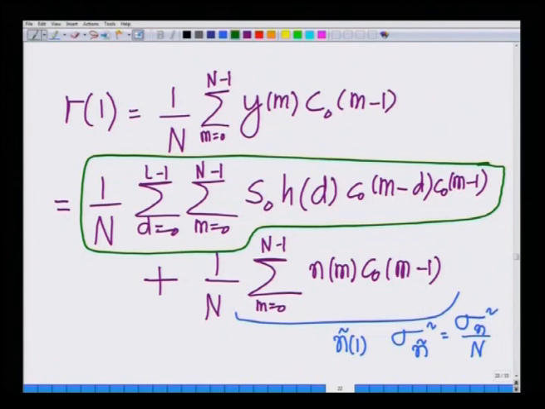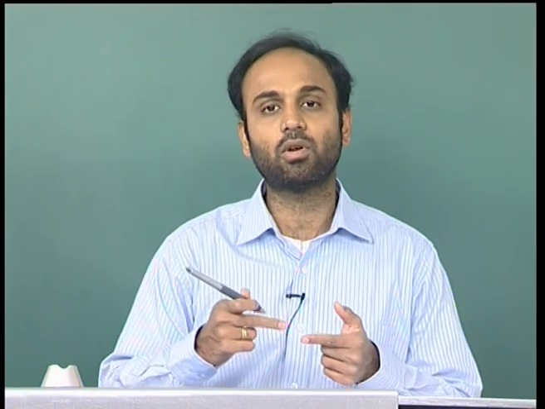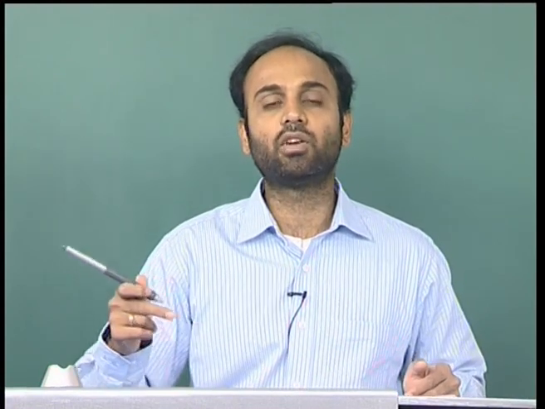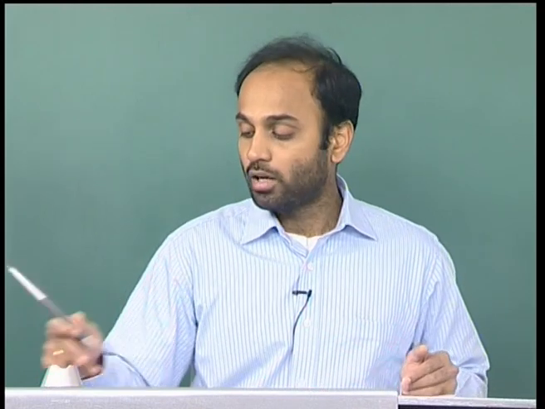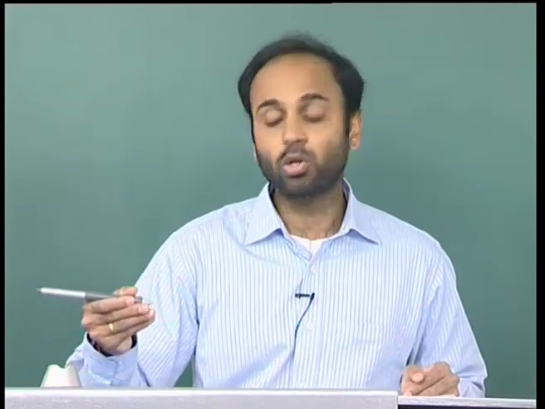Otherwise, for any other value of d, this looks like a random correlation between two sequences, which is 0. It only survives if d equals 1, in which case it becomes C0 m minus 1 square, which is 1. Hence, the summation is n divided by n, which is 1. Hence, this will pick the path corresponding to h1.